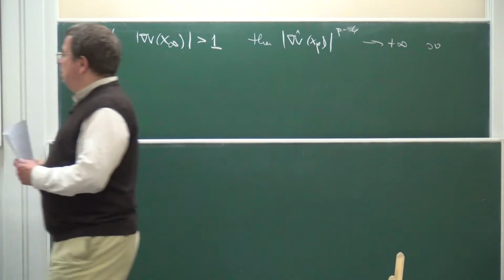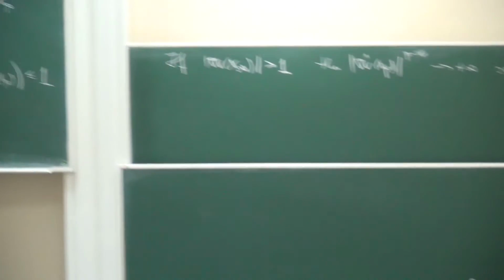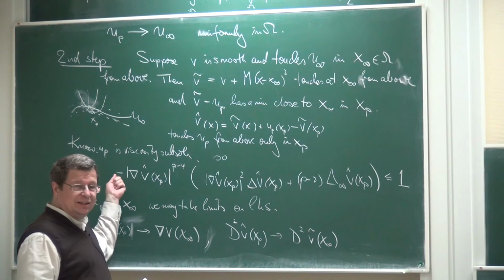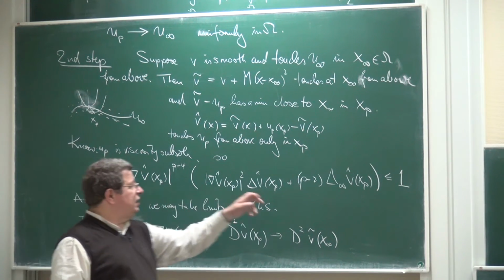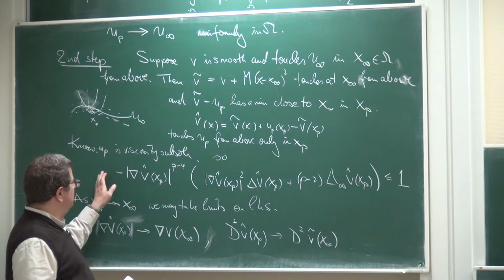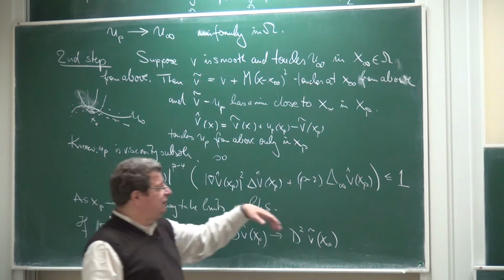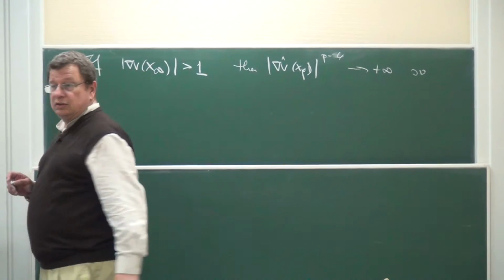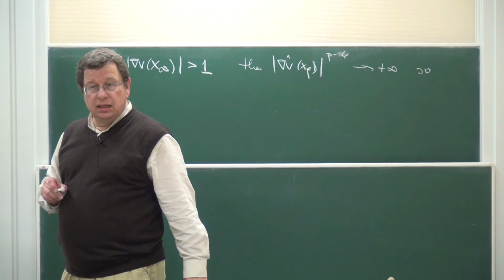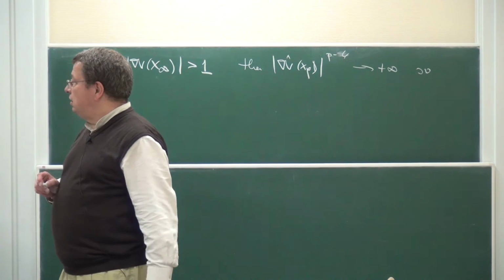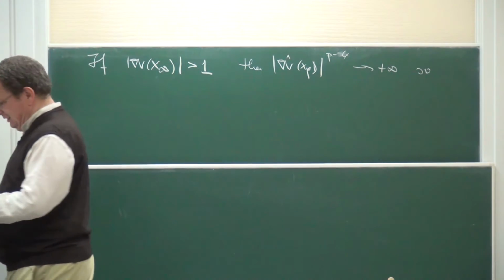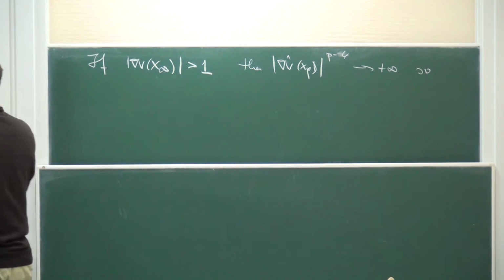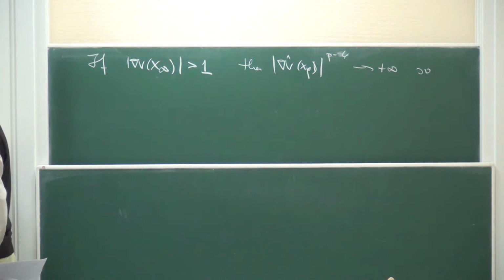And therefore, this inequality can only remain true if this bracket here is greater or equal to 0, because we have a minus sign here. If this round bracket here is negative, then the left-hand side would go to plus infinity, but the left-hand side is bounded by 1 uniformly. Can it tend to zero? Yes, it could tend to zero fast enough. So it has to be greater or equal to zero.